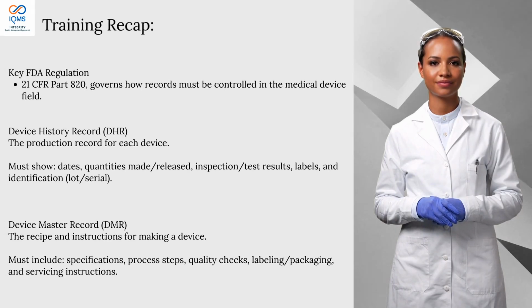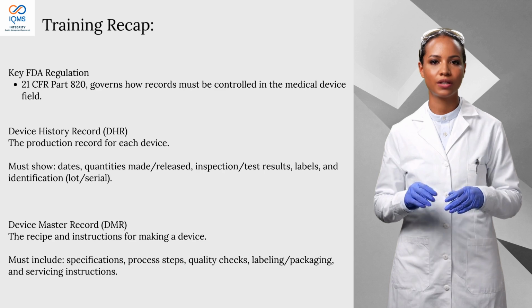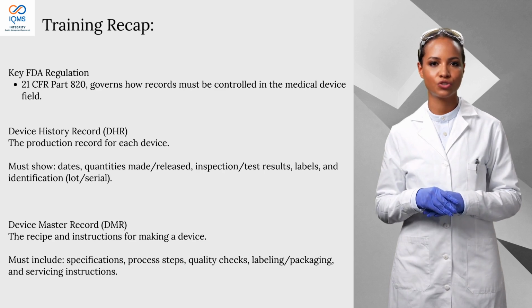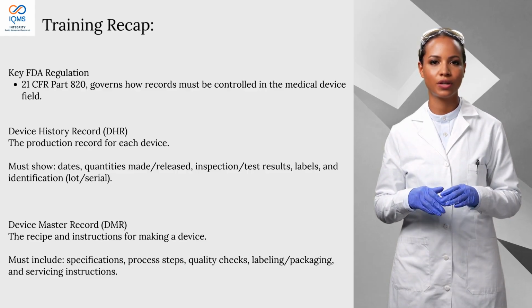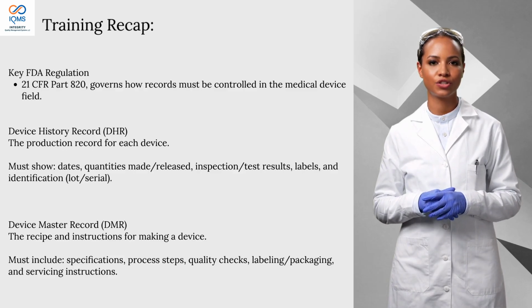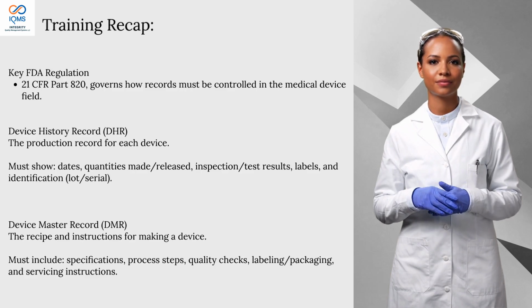Training recap. Key FDA regulation: 21 CFR Part 820 governs how records must be controlled in the medical device field. Device History Record, DHR: the production record for each device must show dates, quantities made and released, inspection and test results, labels, and identification, lot and serial numbers.